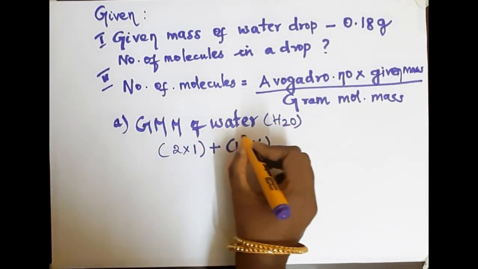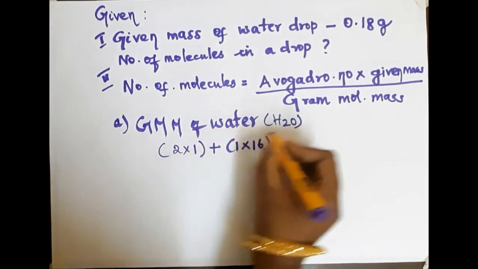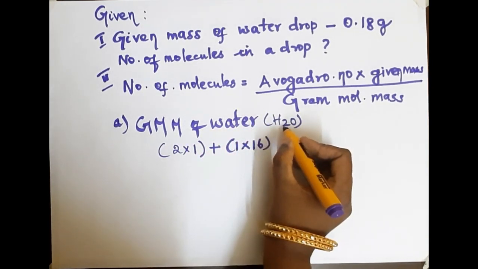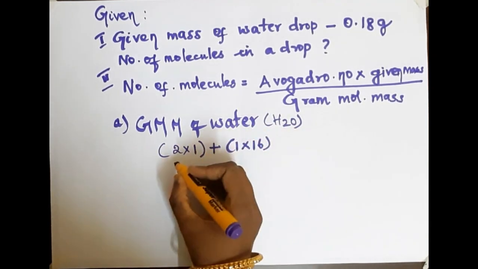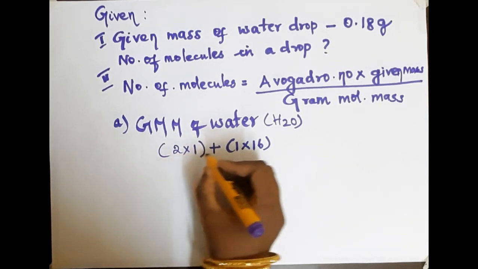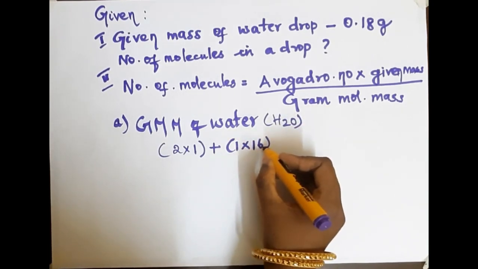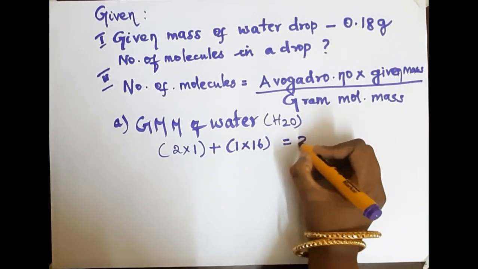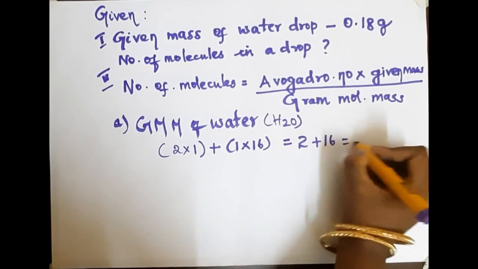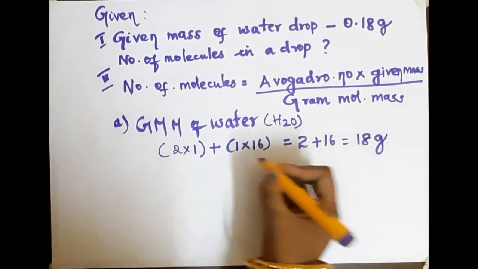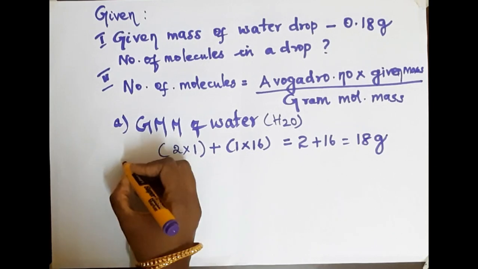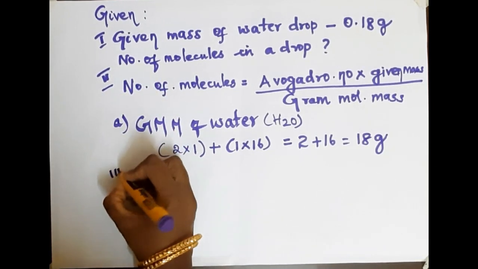So, how to calculate gram molecular mass, children? The number of atoms of hydrogen, that is 2, into atomic mass of hydrogen, plus how many atoms of oxygen are there? 1. So 1 into the atomic mass of oxygen. So that is equal to 2 plus 16, that is equal to 18 gram. Okay. Now we are going to substitute in this formula.